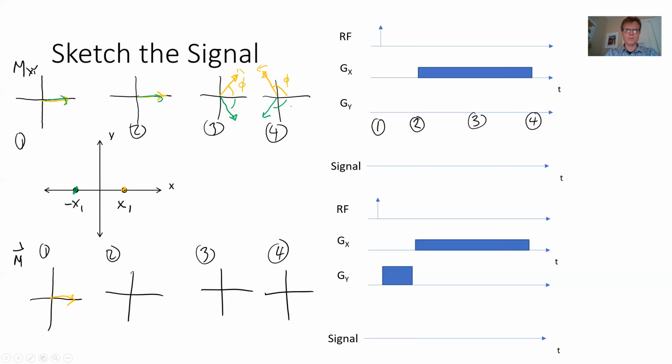The phase angle here is going to be gamma times the readout gradient amplitude times the position, so minus x1 times time, and same thing for the phase angle of our other location, except it's positive x1.